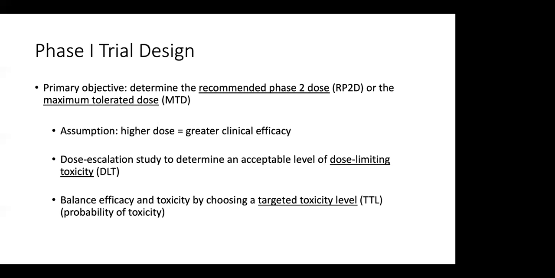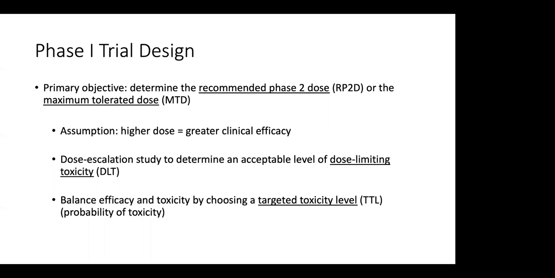Okay. So before we can do this, we need to first define the dose limiting toxicity, which is DLT, right? And also we want to decide what the targeted toxicity level, the TTL, is, so that we want to find the maximum tolerated dose level, which will give us the targeted toxicity level.